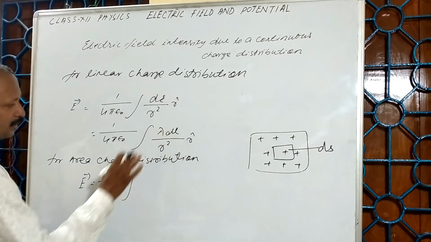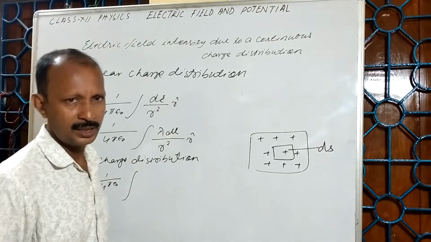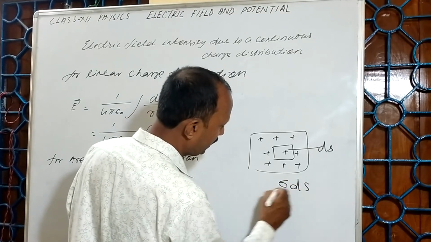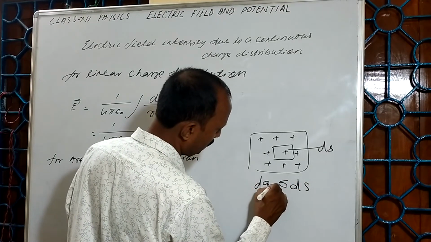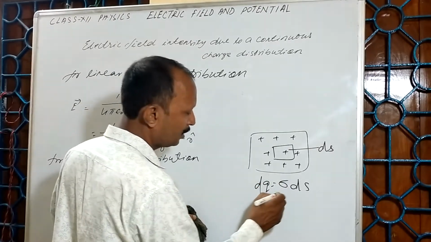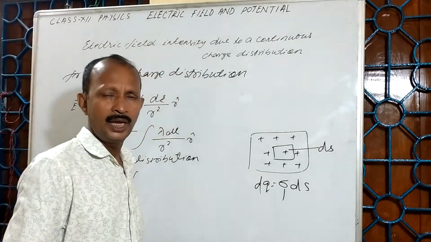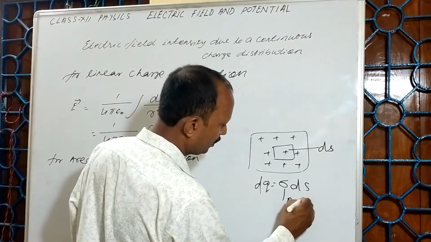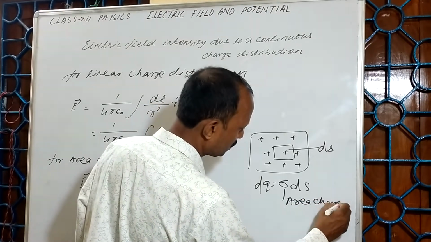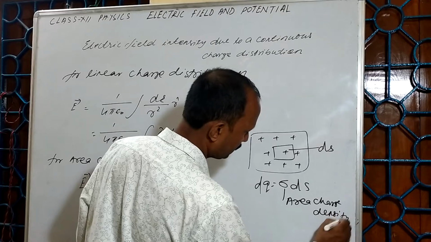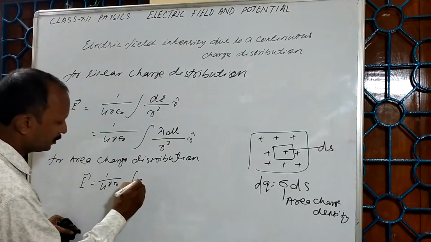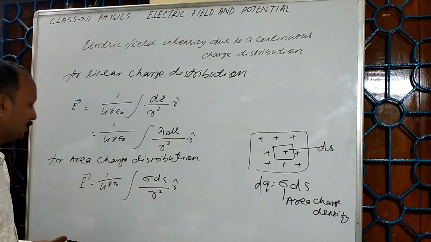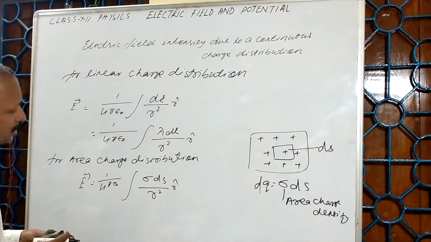In place of lambda into dl, I shall use sigma into ds. dq is equal to sigma into ds, where sigma stands for area charge density, meaning charge per unit area. So this is the integral of sigma ds upon r square. This is for area charge distribution.